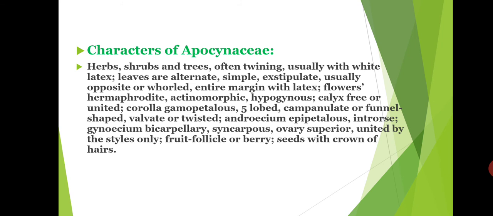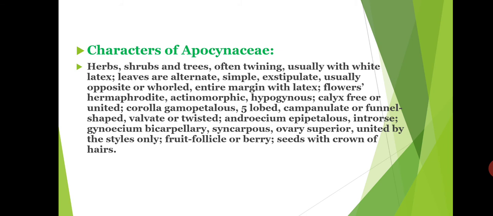From this we can identify the general characters of Apocynaceae. Herbs, shrubs and trees, often twining, usually with white latex. The leaves are alternate, simple, exstipulate, usually opposite or whorled, with an entire margin and always with latex.